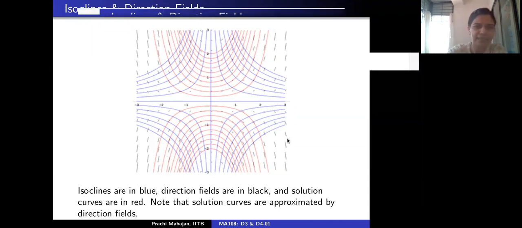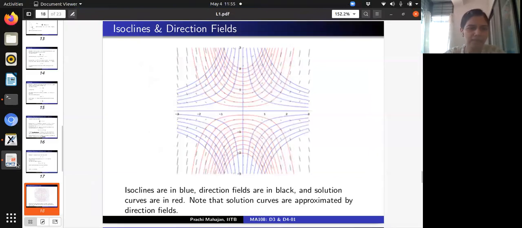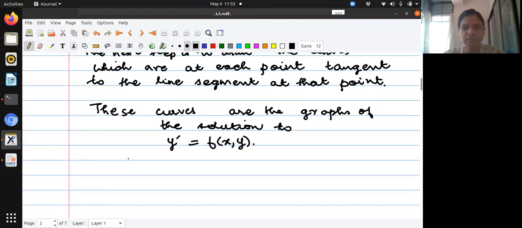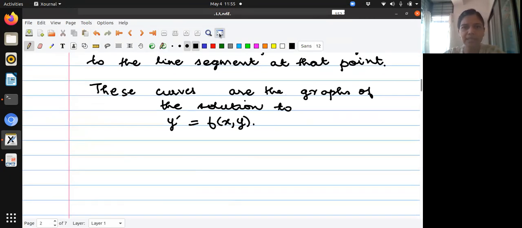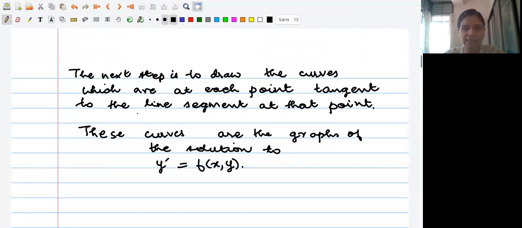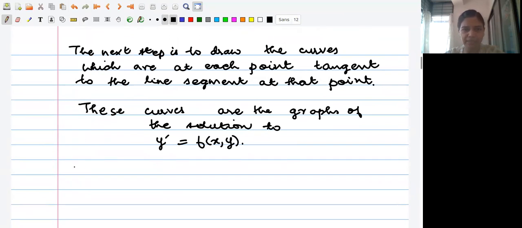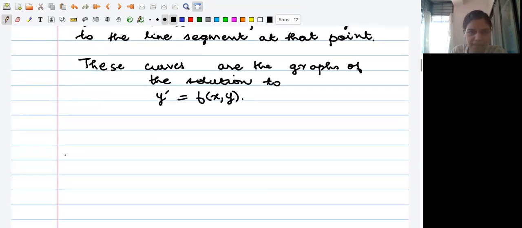Maybe I will write this down. So I'm trying to tell you how you get these curves using the direction field. So the solution curves, I'll just clarify this one more time because I see that there are still doubts.